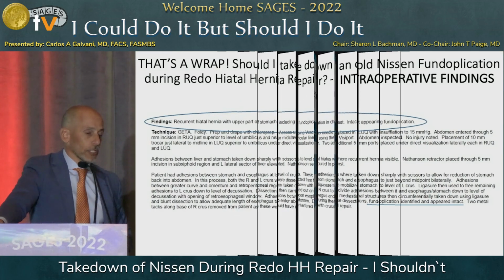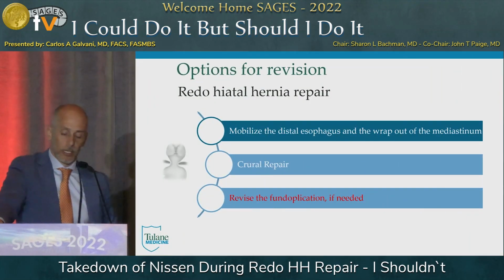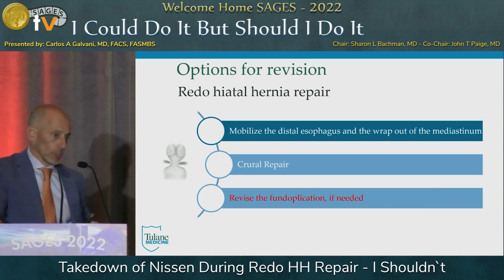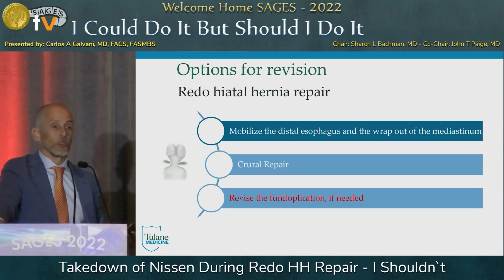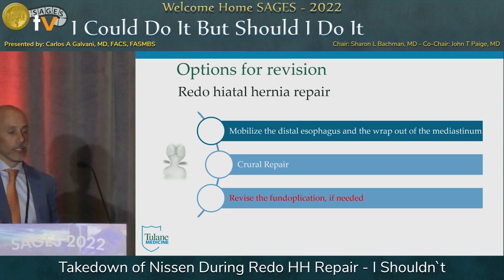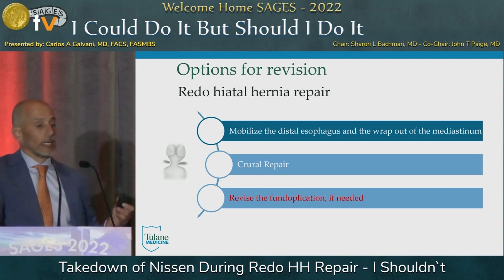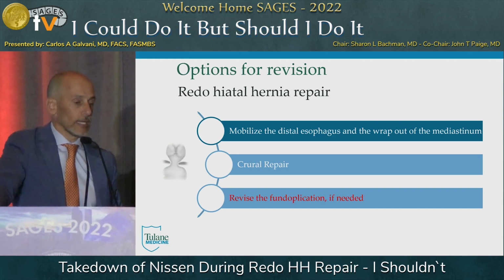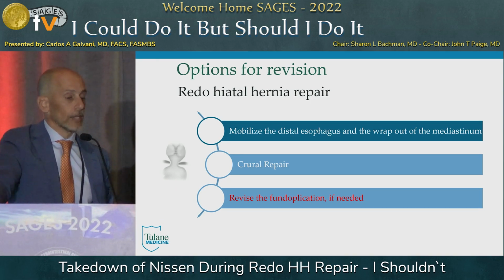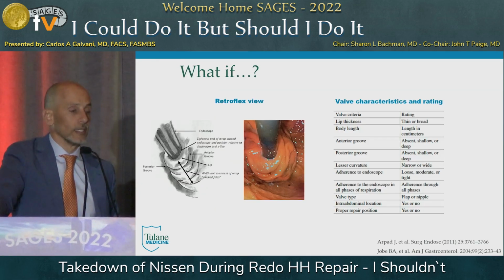When we look at the surgery, they told us that the fundoplication was intact. So the option for revision in this patient is a redo hiatal hernia repair, mobilize the esophagus into the belly and the wrap out of the mediastinum, crural repair definitely, and revise the fundoplication if needed.